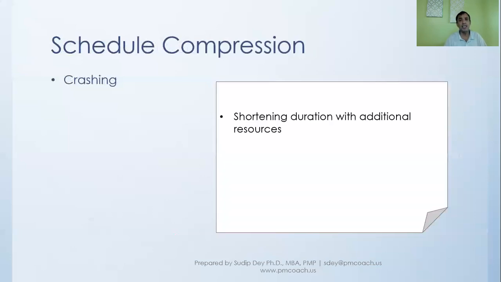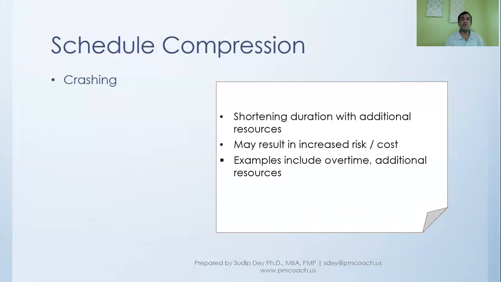Crashing is basically shortening the duration by putting in additional resources. But this might mean that there will be more risk involved, and more cost when you're putting in additional resources. For example, it will be like overtime.